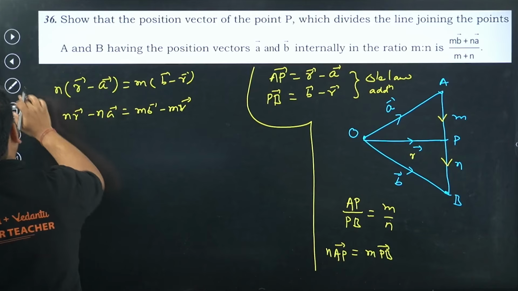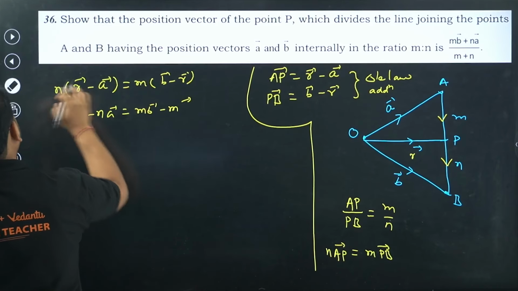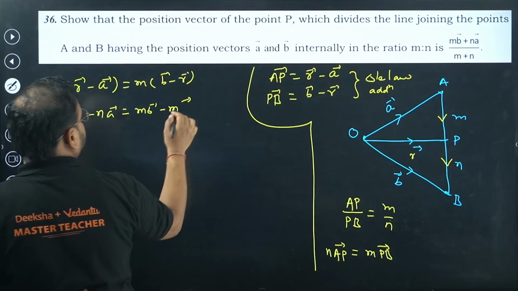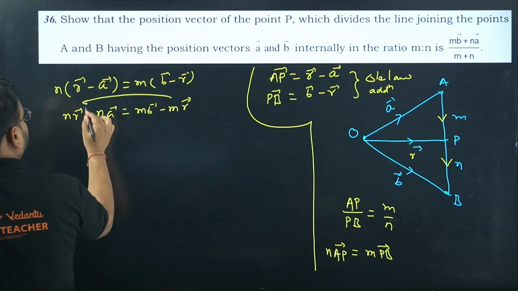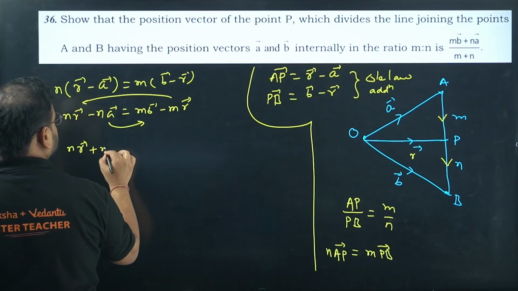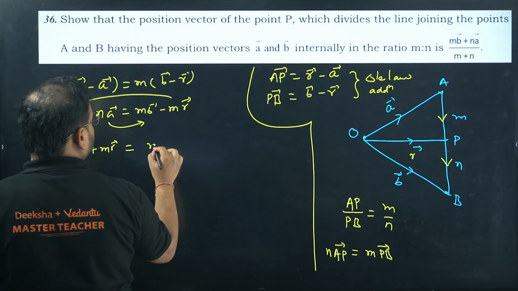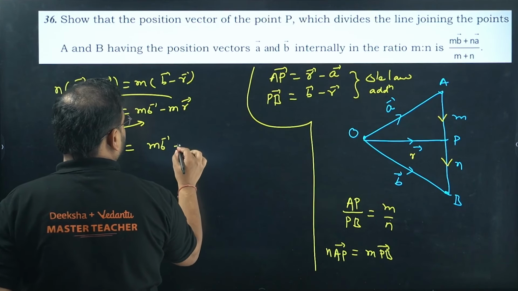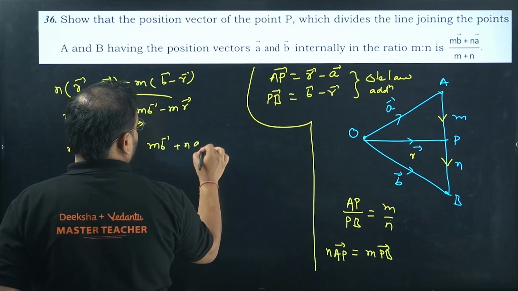This is MR, I guess you can see this clearly. This is your M vector R. Bring this on this side, and this term on this side will get what? NR plus MR equals to MB plus NA.